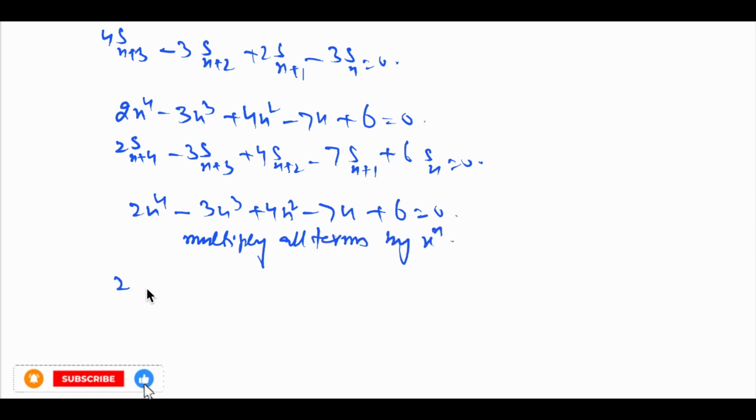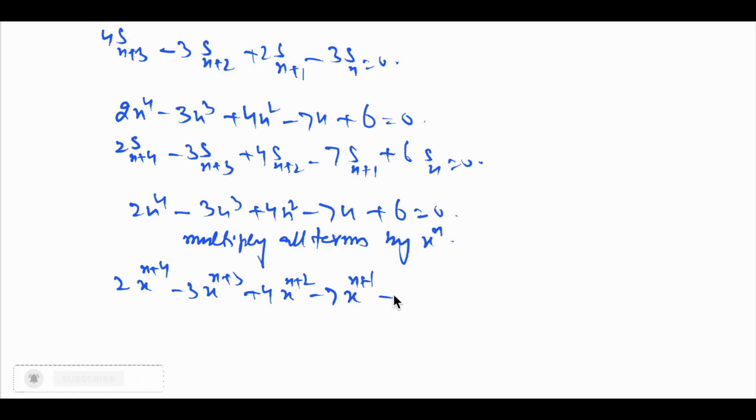So this will be 2x power n plus 4 minus 3x power n plus 3 plus 4x power n plus 2 minus 7x power n plus 1 plus 6x power n is equal to 0. Since alpha is a root, it must satisfy this equation.